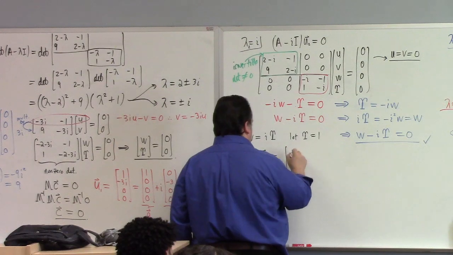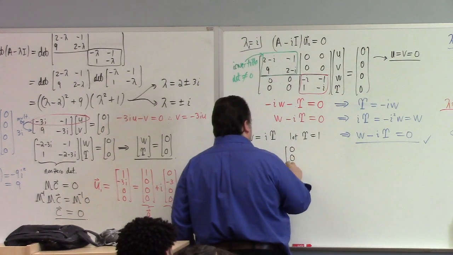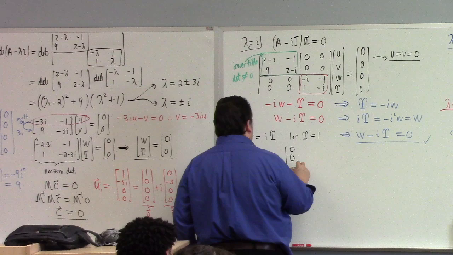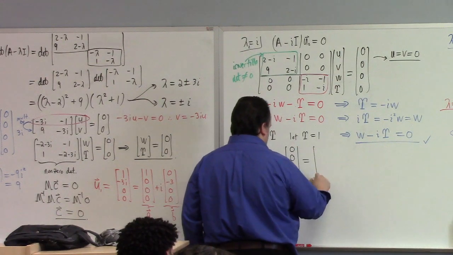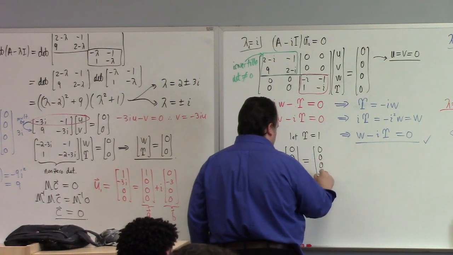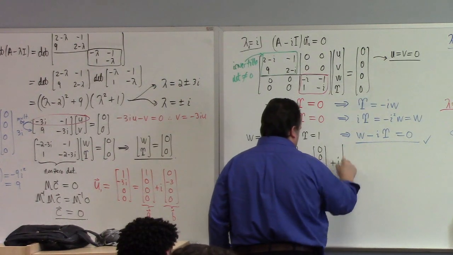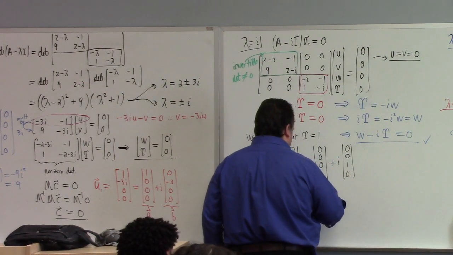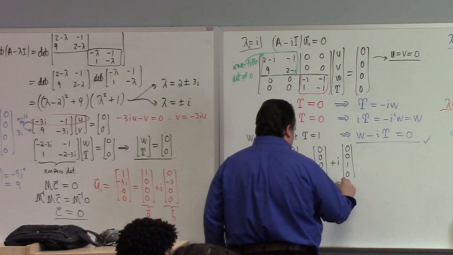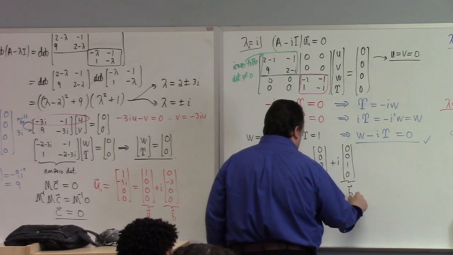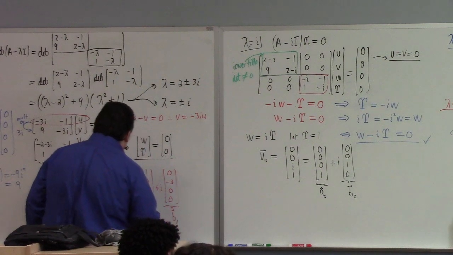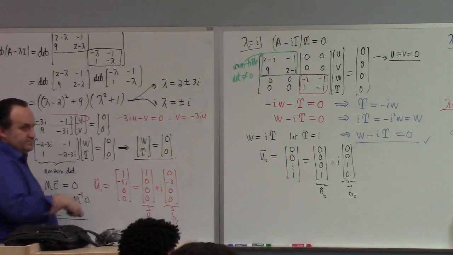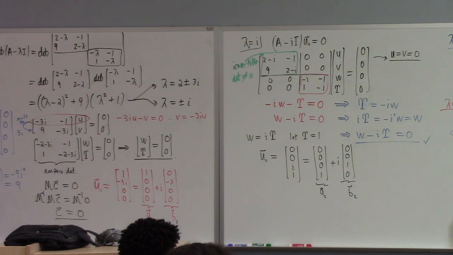And my u2 vector is then going to be 0, w equal to i, upsilon equal to 1, which is 0, 0, 0, 1, plus i times 0, 0, 1, 0. This is what I should probably call a2, and this is what I should probably call b2. I really should have labeled these a1 and b1, since in this problem there's more than one a and b, right?